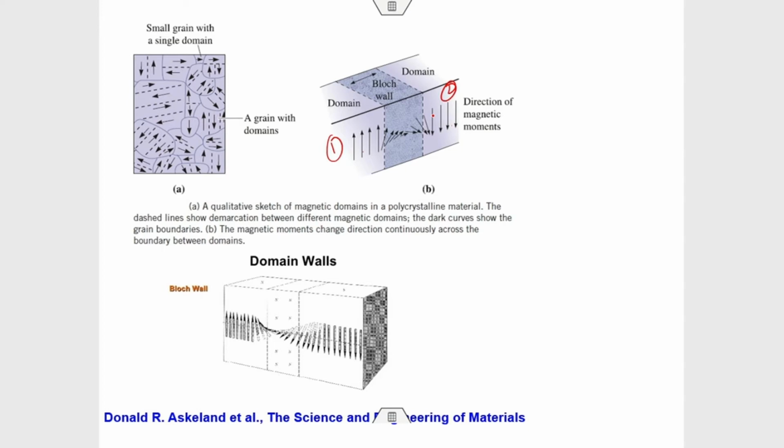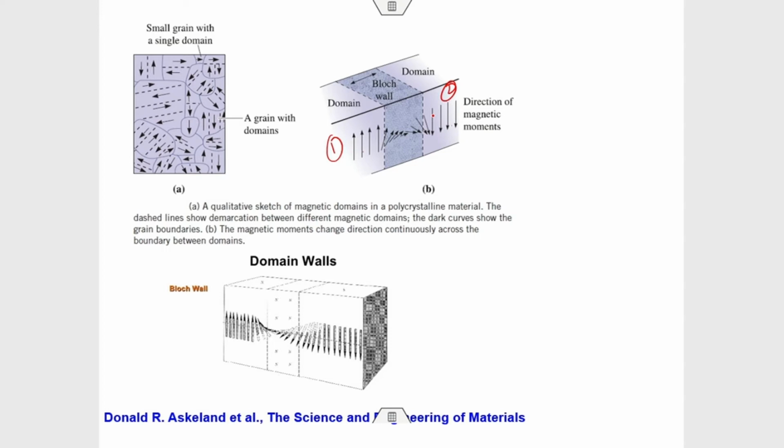So these block walls, in reality the thickness of each block wall is about 100 lattice constants or even more, and block walls may connect magnetic domains with an orientation difference of 90 or 180 degrees. The size of the domain and the width of the block walls are always determined by thermodynamic aspects, which I am not discussing here.